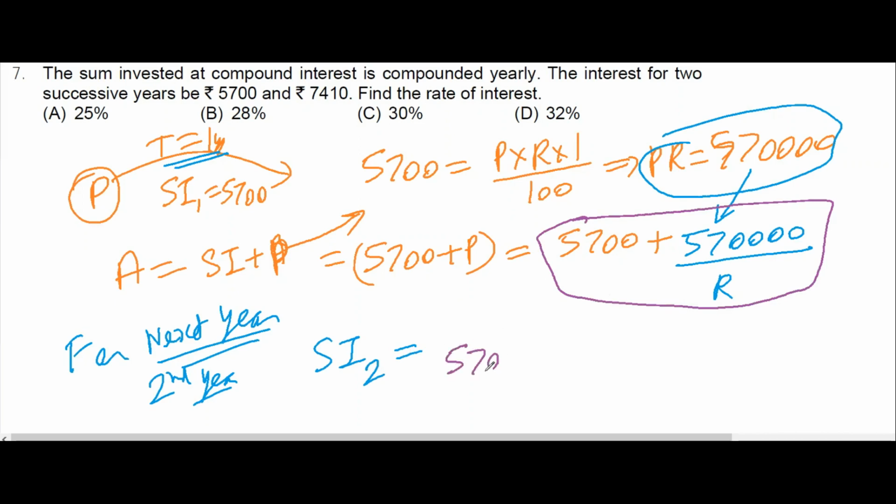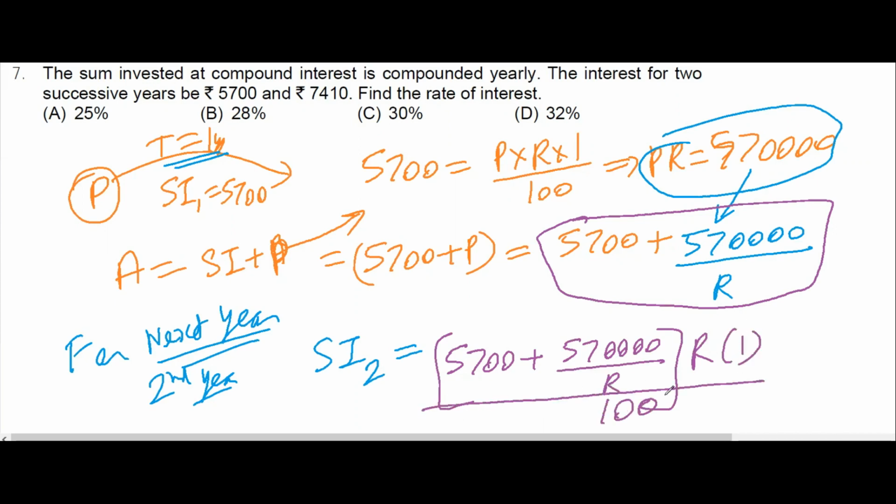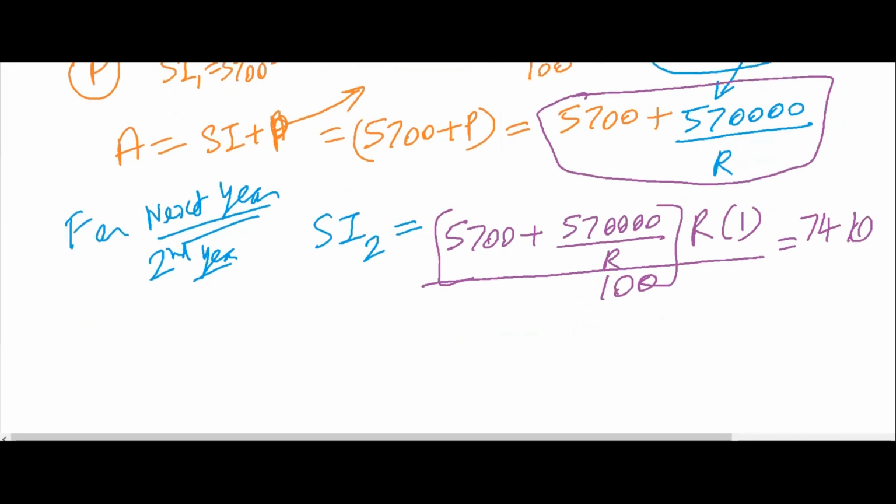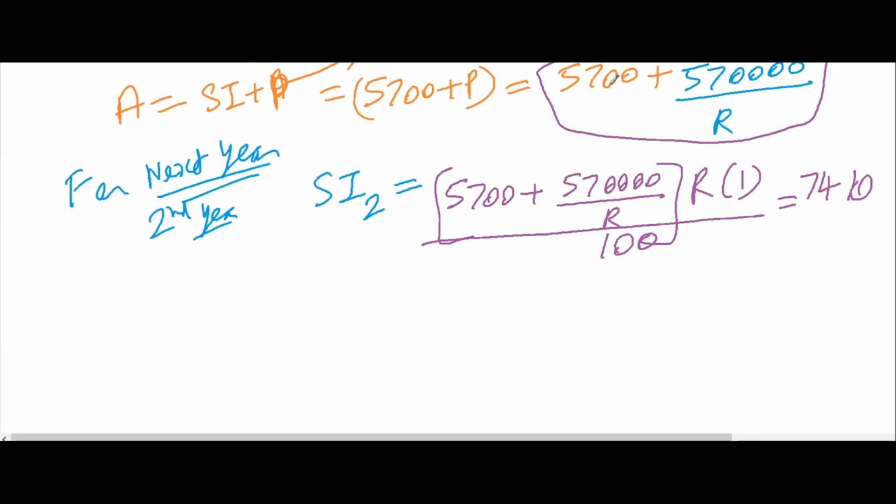So it will be 5700 plus 570000 divided by R. This is my P, this is R, T will be 1, divided by 100. This is given to you, that is 7410. So when you solve this, you will get the value of R as 30%.